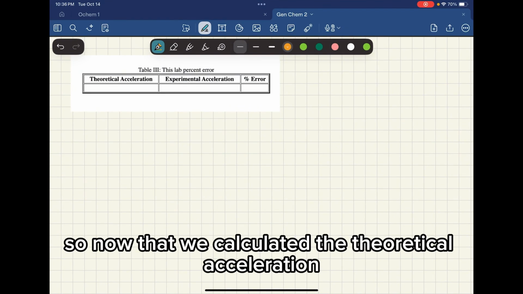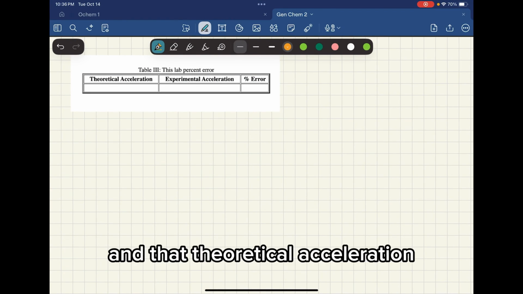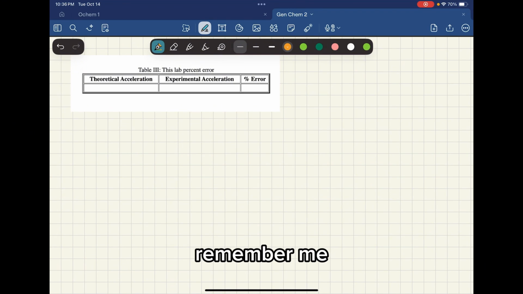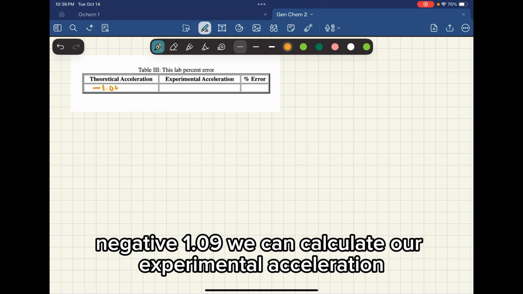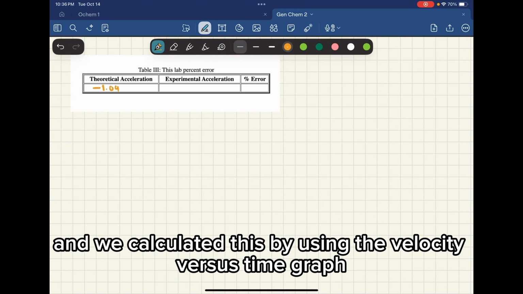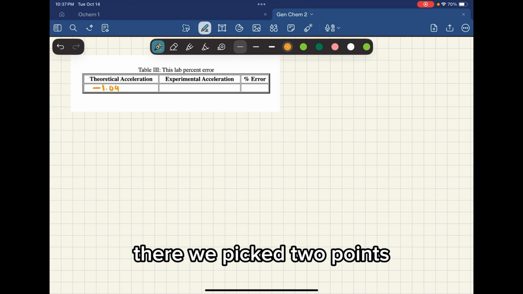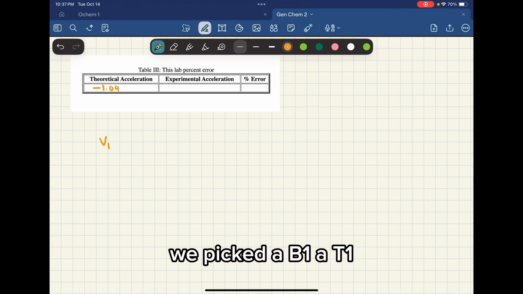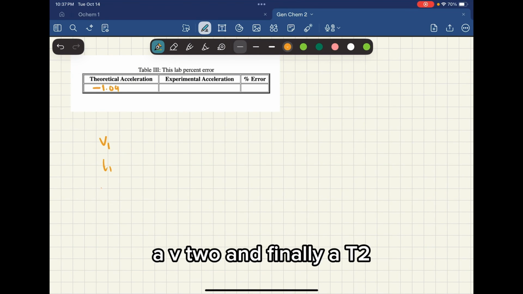So now that we've calculated the theoretical acceleration, and remember that theoretical acceleration being negative 1.09, we can calculate our experimental acceleration, and we calculated this by using the velocity versus time graph. There we picked 2 points. We picked a v1, a t1, a v2, and finally a t2.